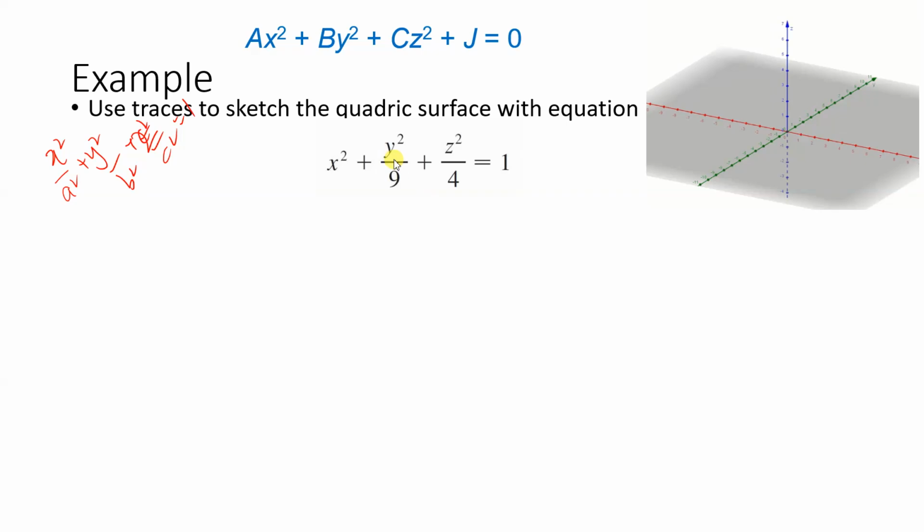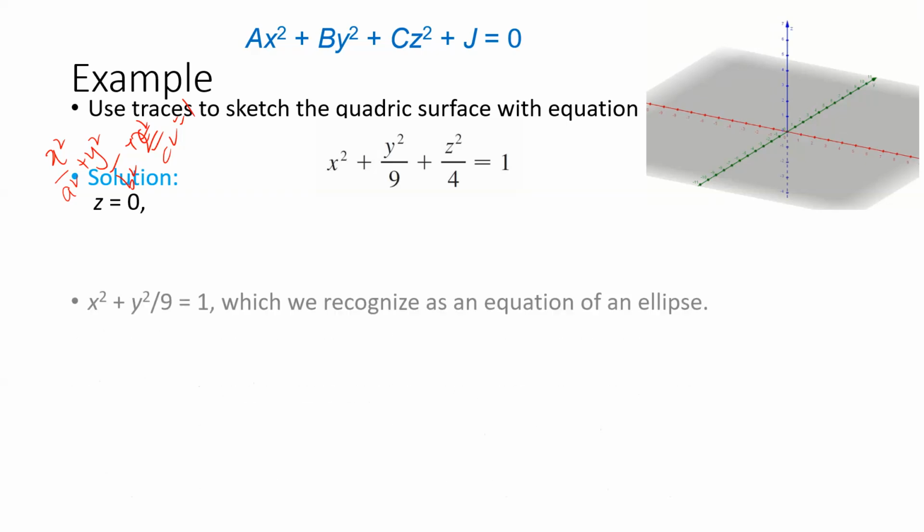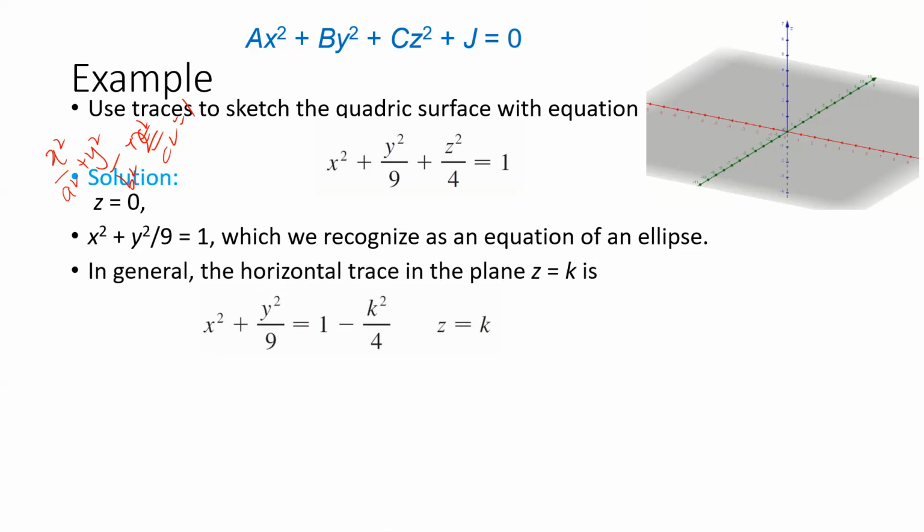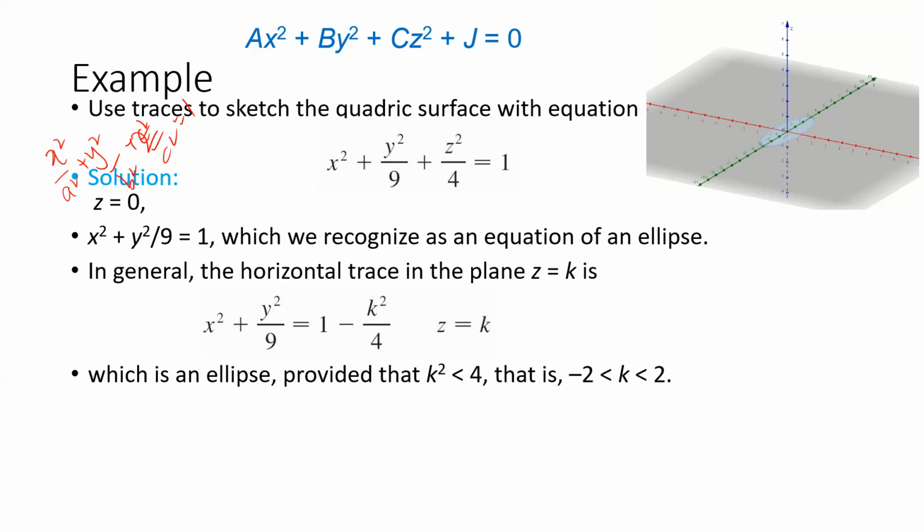So if we find the trace with the xy plane, that is z is equal to 0, then we have the equation x square plus y square over 9 is equal to 1, and this is an ellipse. Similarly, if we substitute z is equal to k, that is the trace of this surface with any horizontal plane, then this is also an ellipse provided k lies between negative 2 and 2, because this has to be greater than 0, otherwise it has no graph.